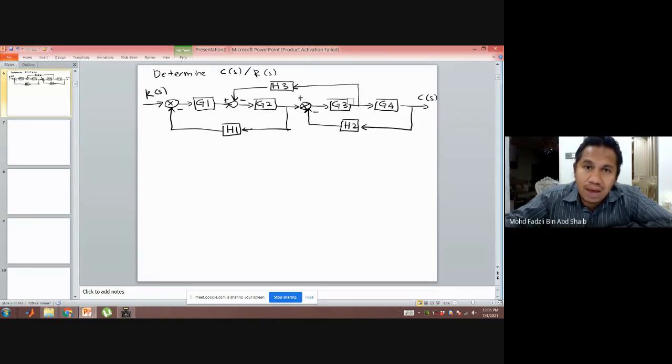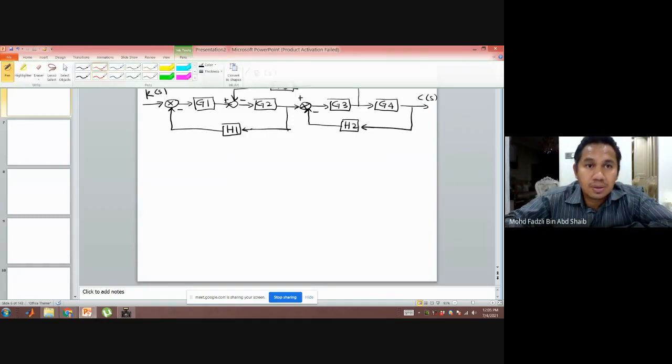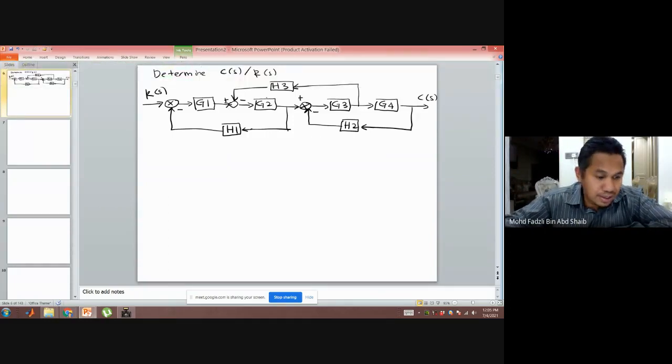We need to move everything so that it can clear. Okay, we move either here or here. This one we move here or another part. Now I show you. S3, right? So we need to move this summation point.